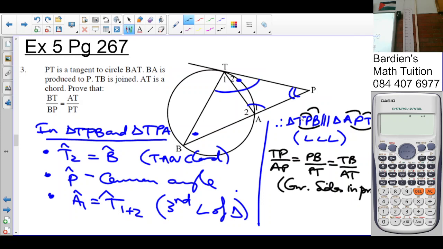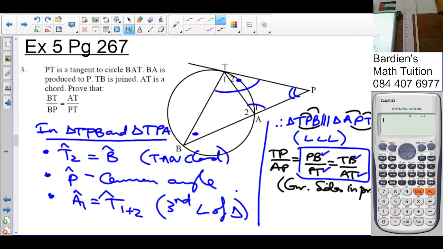But let's see what they want. They want BT. They want BP. They want AT. And they want PT. Exactly those two.